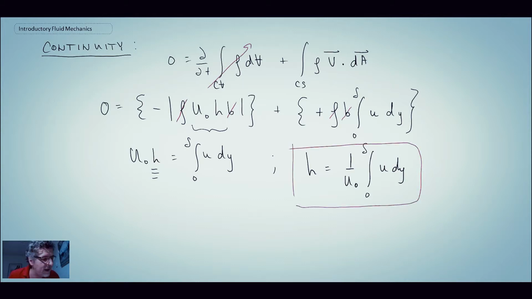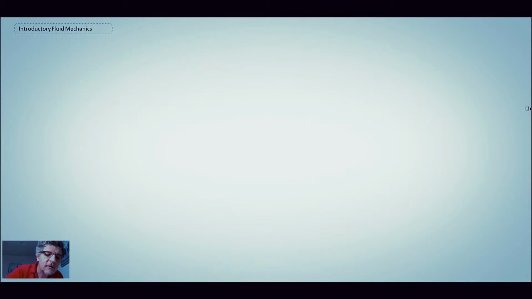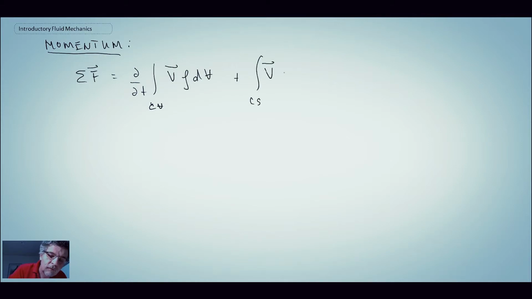We will come back to that when we do analysis with the momentum equation, which is what we're going to do next. So the next step is taking a look at the momentum equation. So what we will be doing is considering the x direction of momentum.